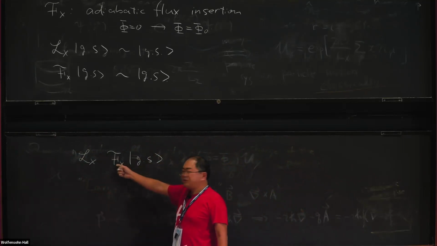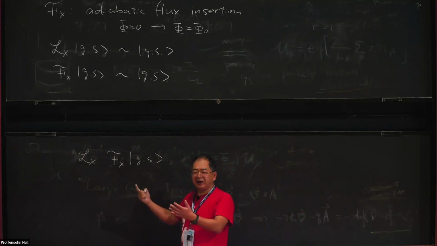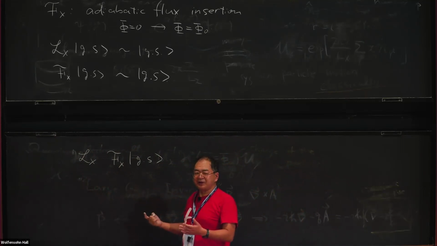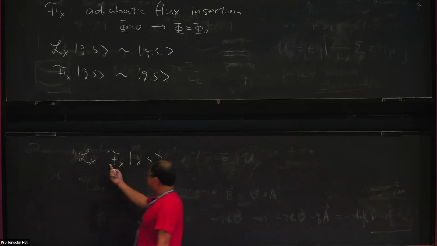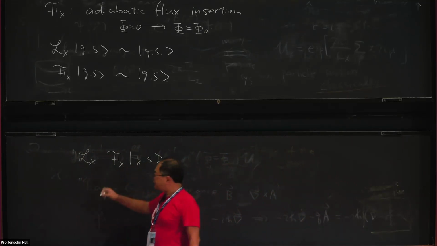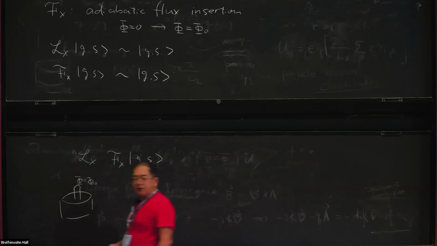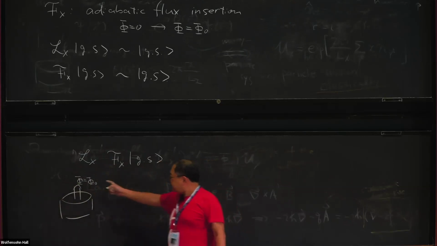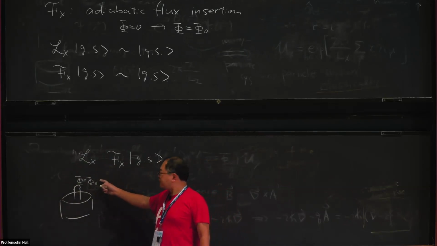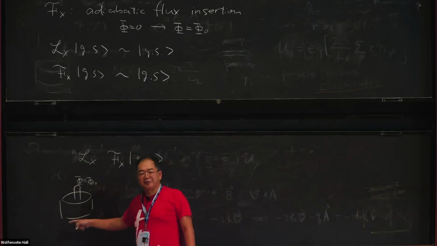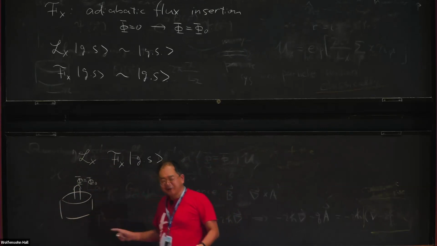Then this Fx introduces the unit flux quantum to the system. So after applying this Fx, you have a unit flux quantum. And I emphasize that this unit flux quantum is the value of flux such that there is no Aharonov-Bohm effect. So there should be no effect.